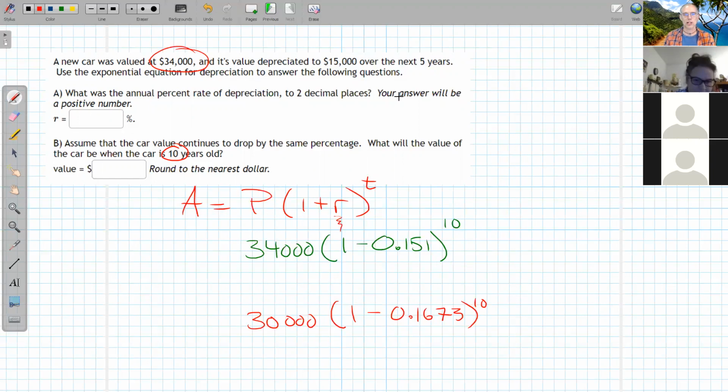Okay, cool. Nice job. So 30,000, and then I go 1 minus that 0.1673, and then raised to the power of 10 because they said 10 years. Correct. And then that's the answer.